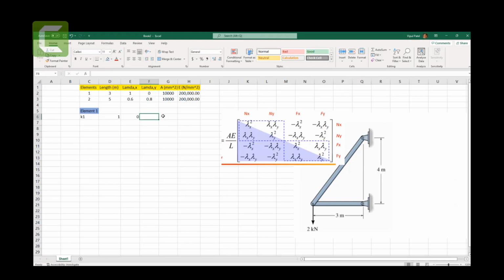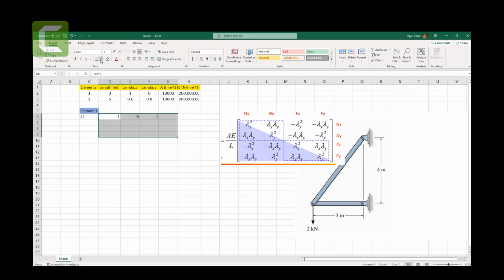Minus lambda x square: equal to minus sign and then bracket. Don't make mistakes here, and then square. Don't skip the brackets after the minus sign, because without the brackets it will give you the wrong answer. You need to have the bracket done and then lambda x square after. You can do this square like this and then it gives you the minus answer.